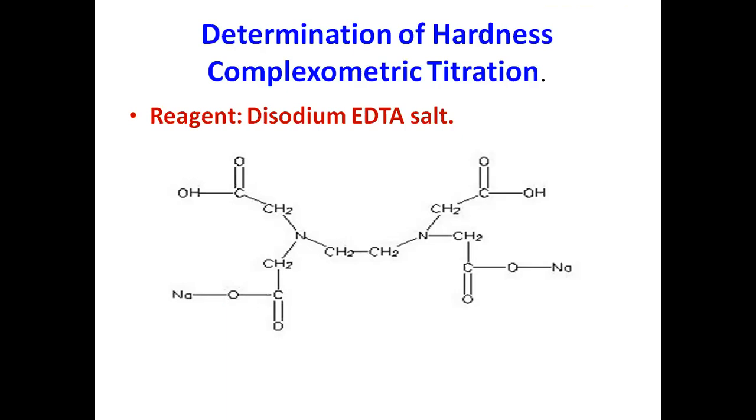Okay, and that can be removed later on. Now, initially, it is just complexing and determining the amount of hardness. The removal of hardness can be done by using EDTA, that is disodium salt of EDTA, or some other processes like reverse osmosis or ion exchange techniques can be used.